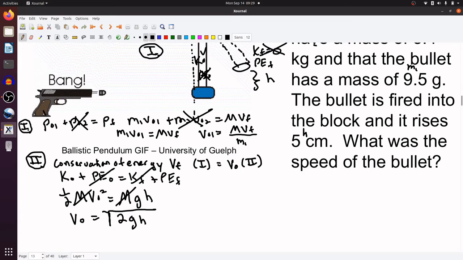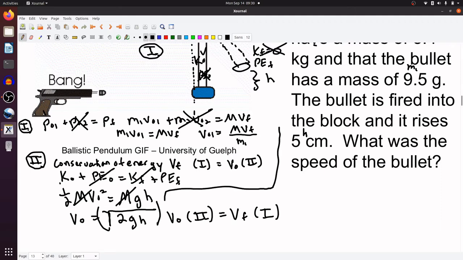Now, recall that that initial velocity, and this is from part 2, was equal to the final velocity from part 1. And so what I can do is I can take this little guy right here and I could substitute it in right there.